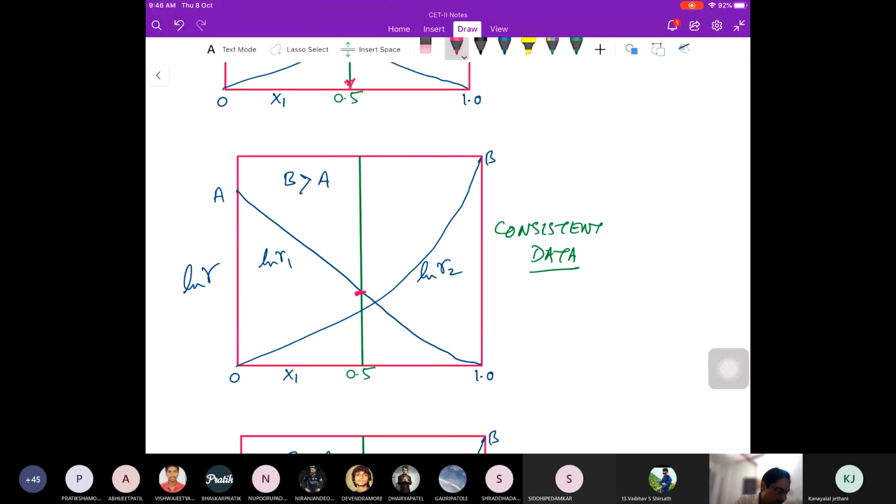That means this value, right? This is ln gamma 1 at 0.5 and this is ln gamma 2 at infinite dilution.